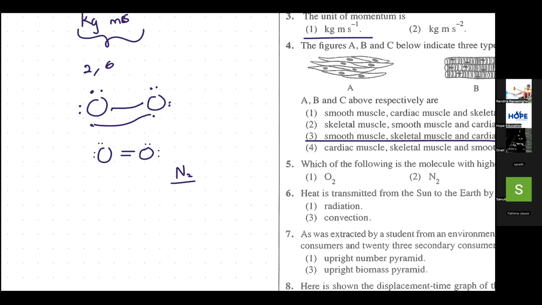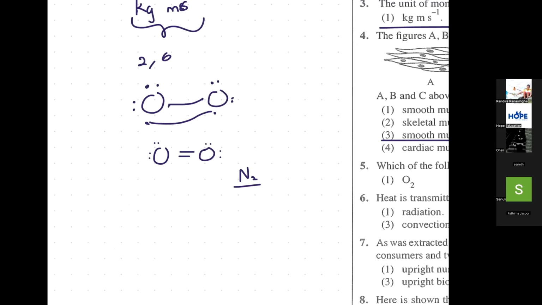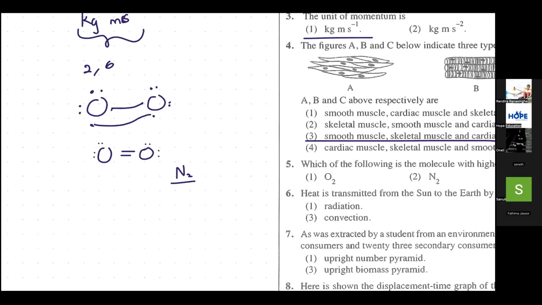Okay, how many? Others, how many covalent bonds are there in the nitrogen molecule, N2 molecule? Quickly tell me. Yes, 3.